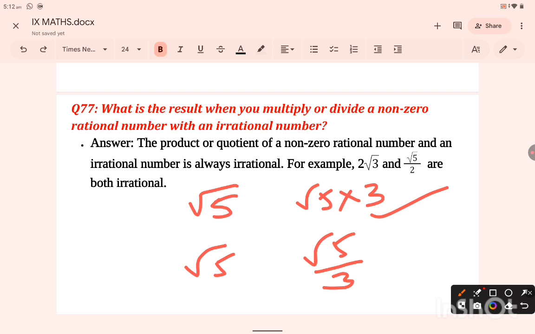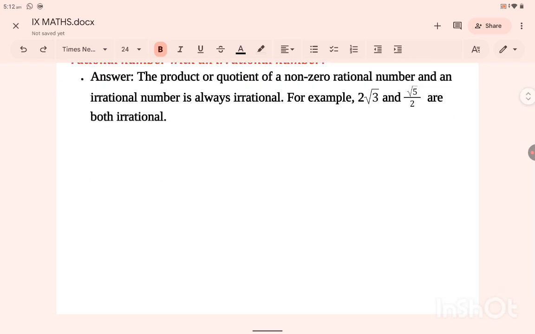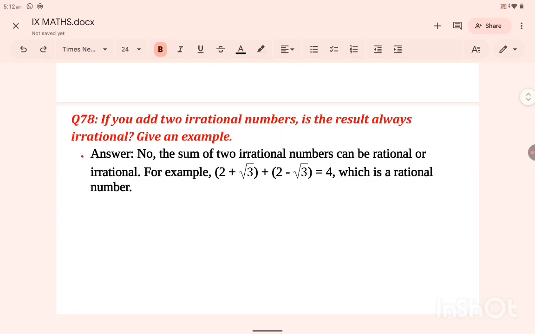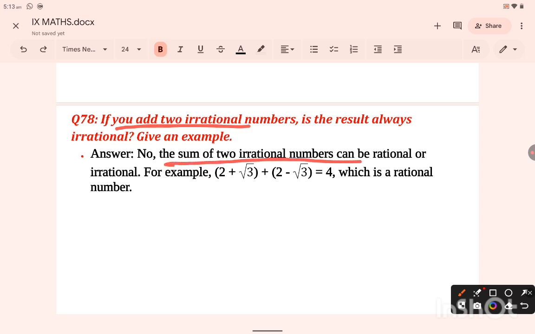Okay. Now next question, 78. If you add two irrational numbers, is the result always irrational? Give an example. No. The sum of two irrational numbers can be rational or irrational.